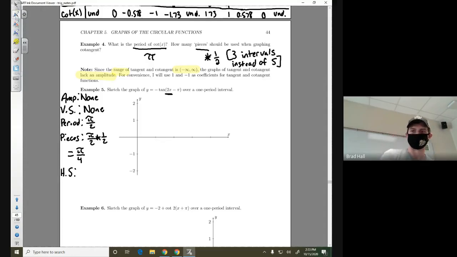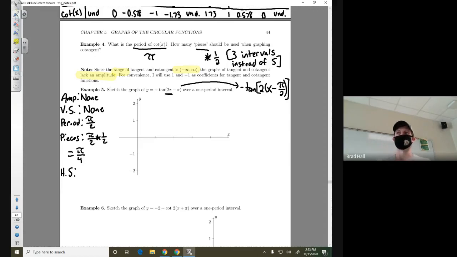Yeah, to the right pi over 2. Remember, there's still that wonky detail. So we have to rewrite this, as you may recall from your homework, where you factor out the 2. So this gives us the true horizontal translation.